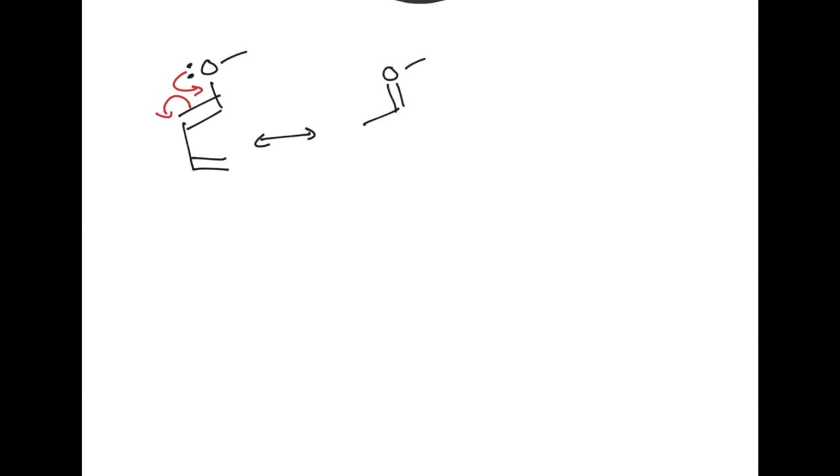So I end up with this oxygen with a double bond. And now I have a negative charge beside a double bond, so I can draw another resonance structure. These electrons can come down, push those out.